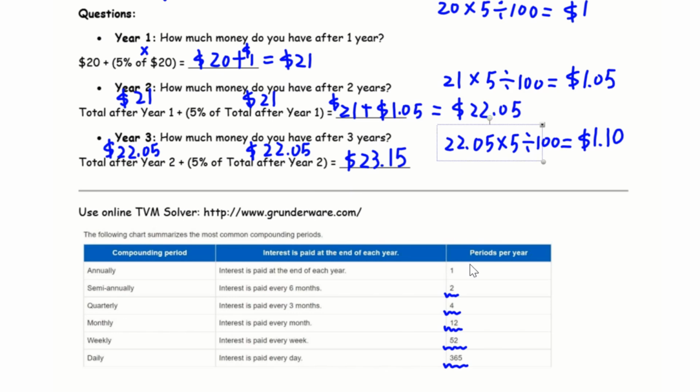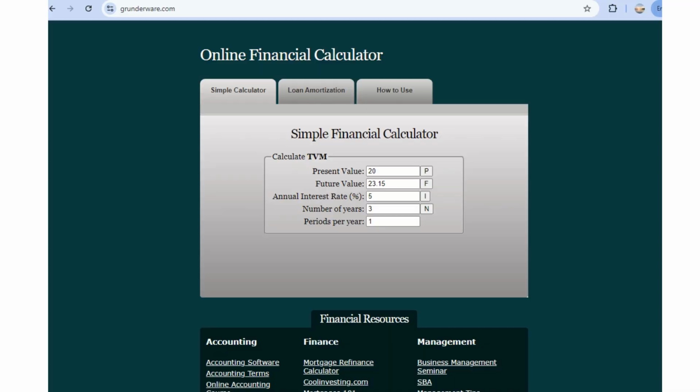You will find out the balance in your account quickly, and that is what we are going to do for this lesson. We just type in $20, 5%, 3 years, paid once per year, then press F for future value, and it will solve for you. If you delete it and press it again, it will do the calculation for you.